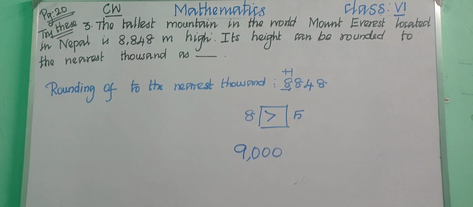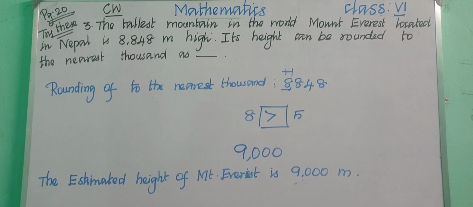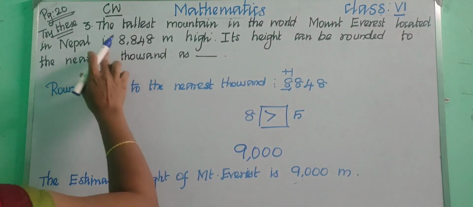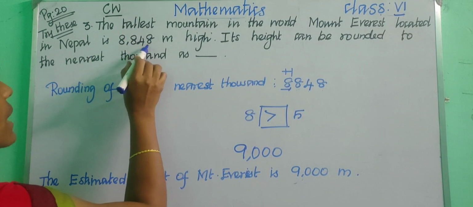So what can we write? The estimated height of Mount Everest is 9,000 meter. So what we did, simply we wrote the same number, that is 8,848 meter.